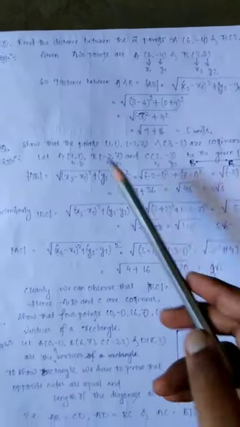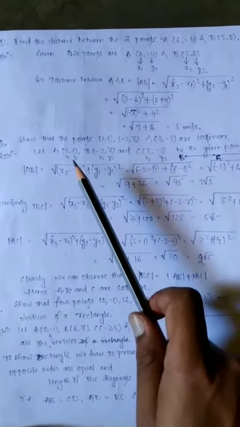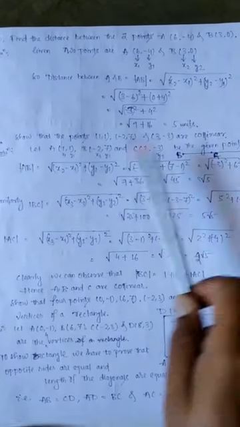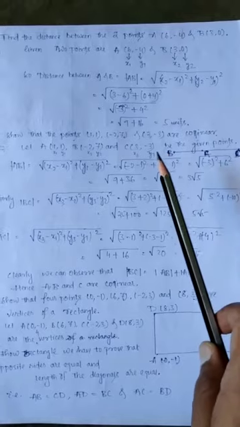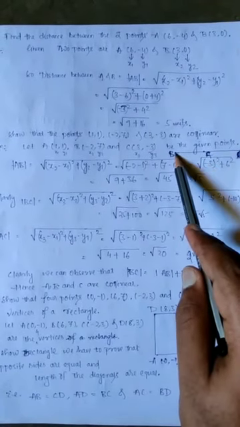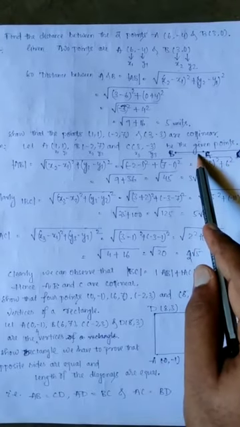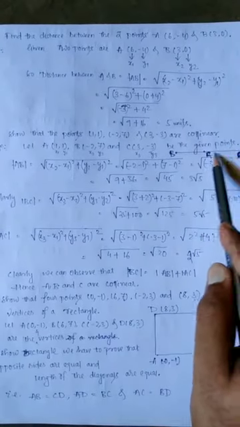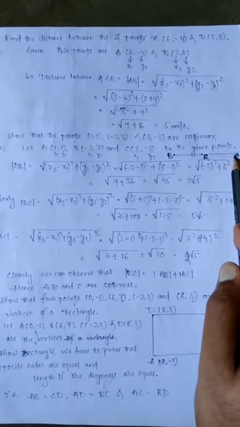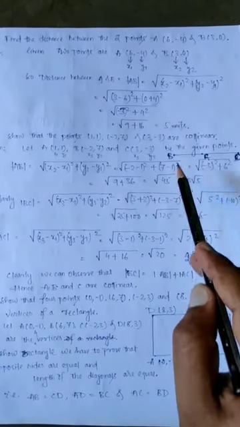Next, to show the points A, B and C are collinear in this question. So what we need to do? I have said here we can represent the length of AB plus length of BC is equal to length of AC. Then these are collinear.